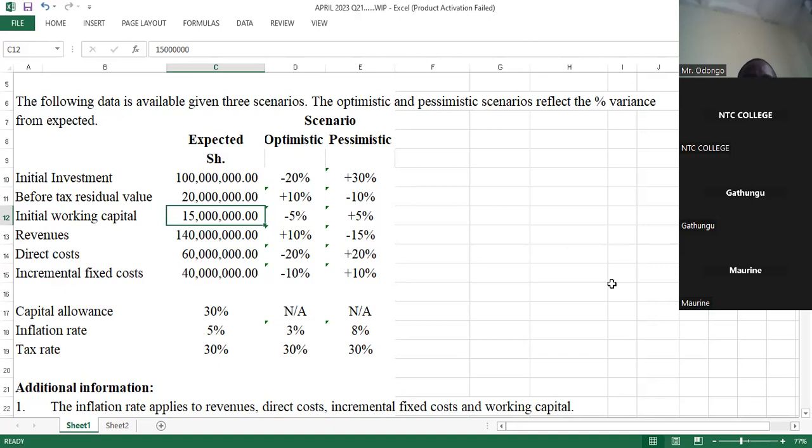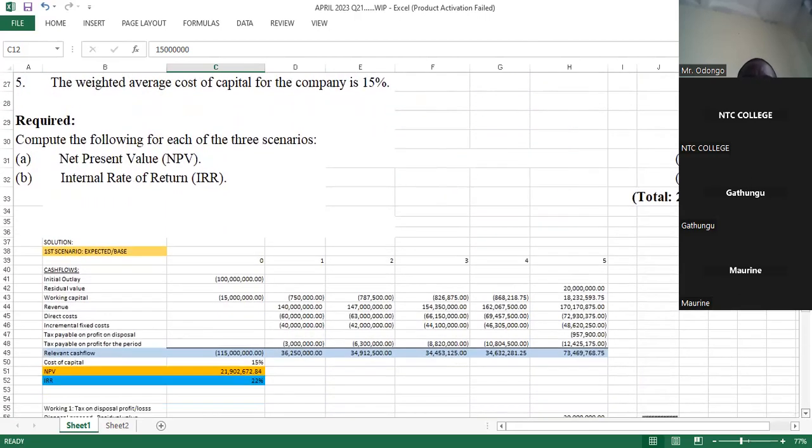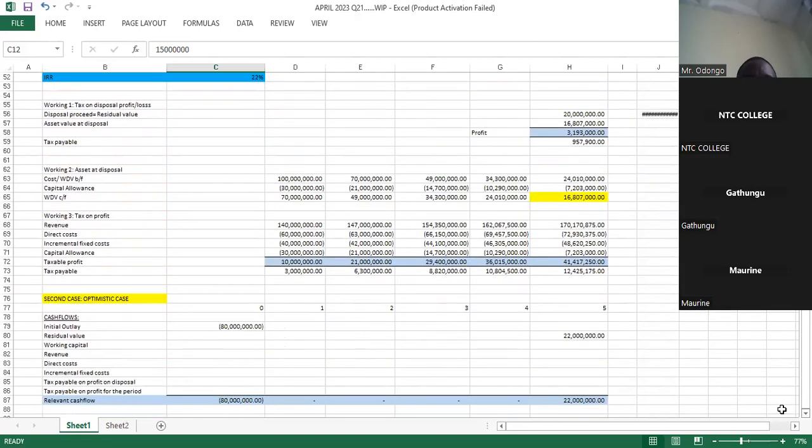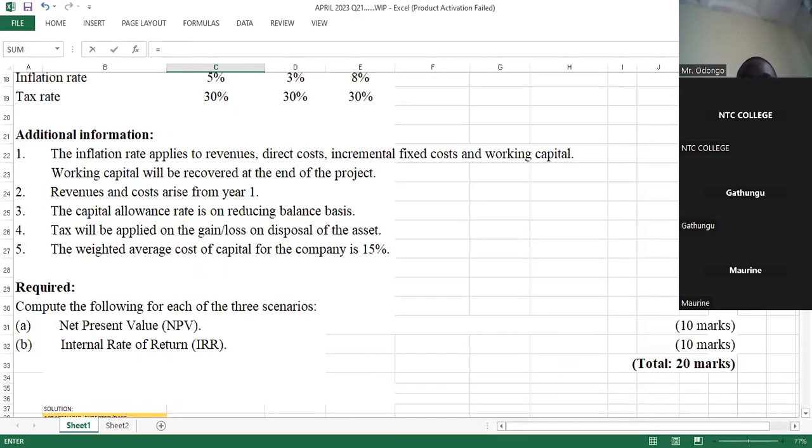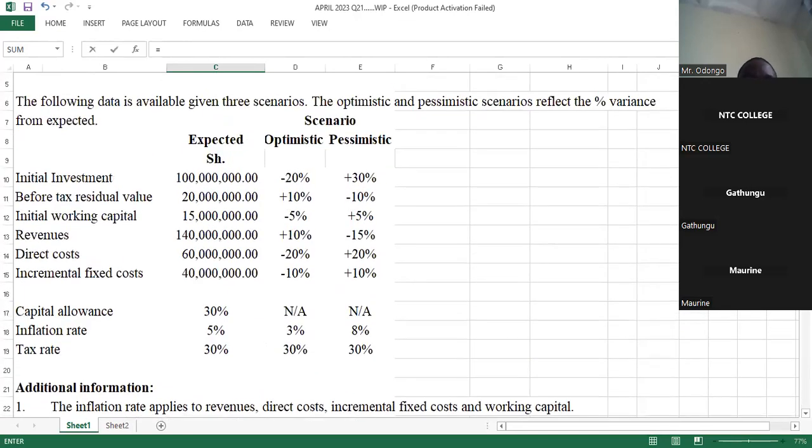So we decrease by 5%. So I'll come back to my workings again. And under period 0, I will say equal to, I'll pick the 15 million, but then I will decrease it. So times 95%.